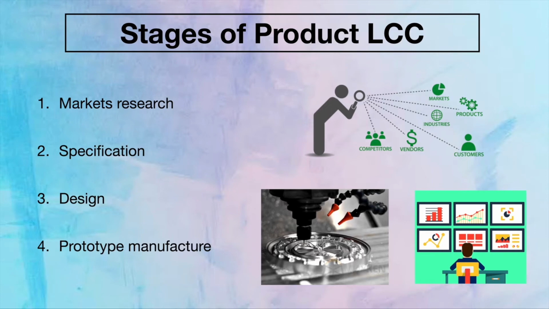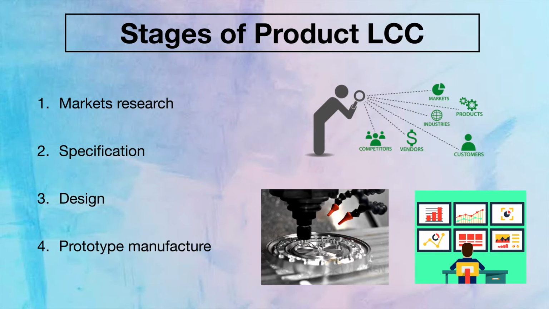Stage 4 is prototype manufacture. Now what you have designed or kept ready, you're going to start manufacturing in a sample, or I would say a small quantity, one or two products, which you will manufacture and check. These initial quantities that you manufacture are called prototype manufacture.